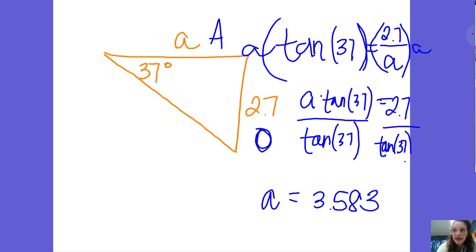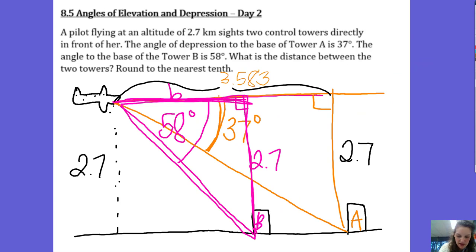Which is good because just looking at my picture, that needs to be smaller. So had it not been smaller, that would have been problematic. So if this whole distance is 3.583, this distance right here is 1.687.